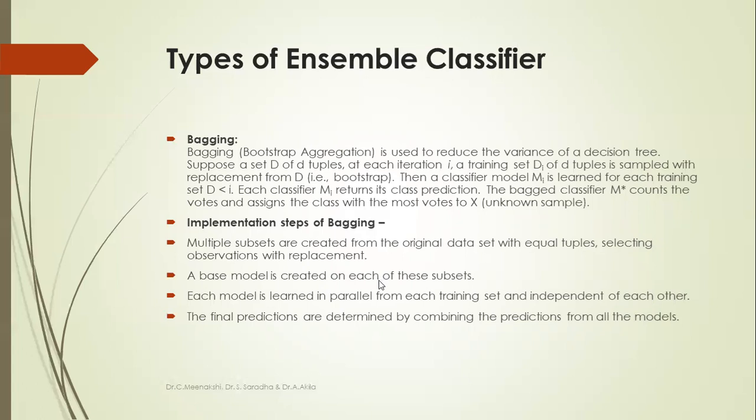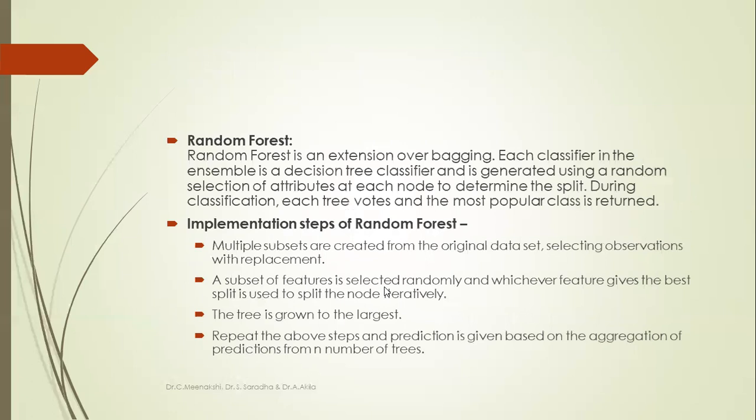A base model is created for each of these subsets. Each model is learned in parallel on each training set, independent of each other. The final prediction is determined by combining the predictions of each model.